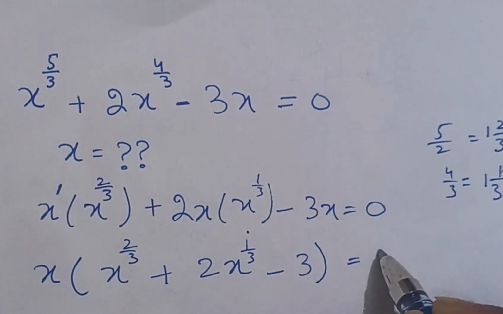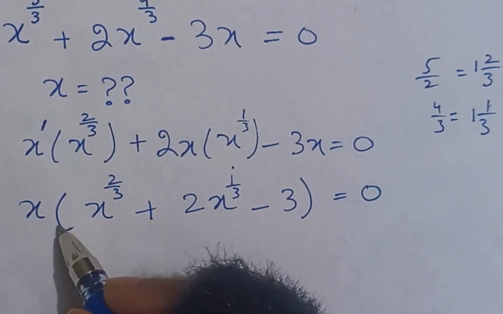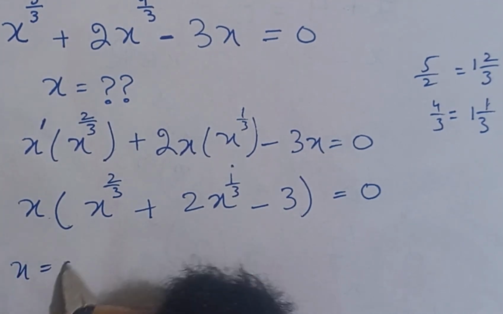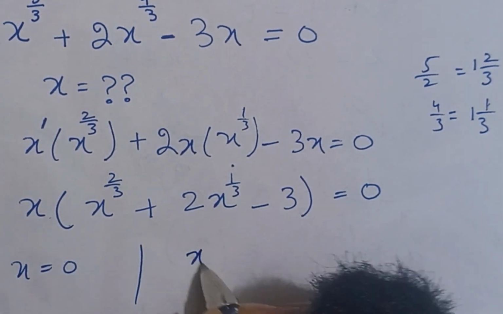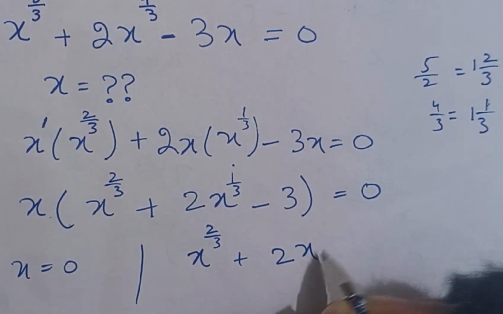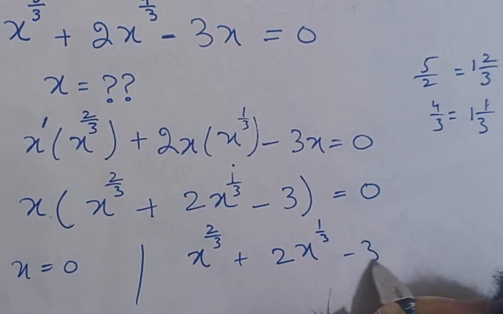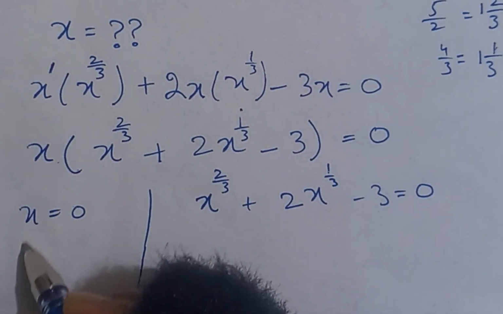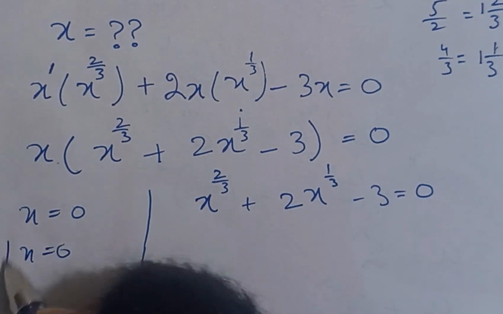The right hand side is 0. This implies one of them must be equal to 0. So x is equal to 0, or x raised to the power 2 over 3 plus 2x raised to the power 1 over 3 minus 3 is equal to 0. So the one answer of x is 0.